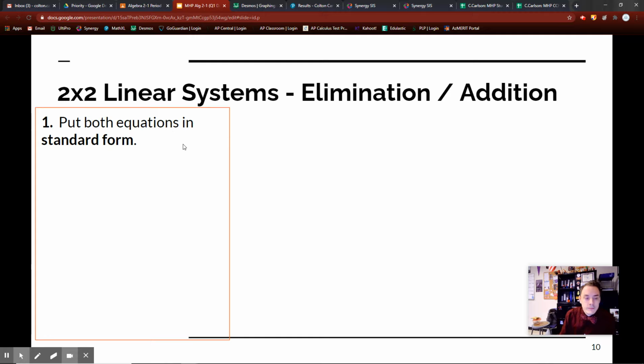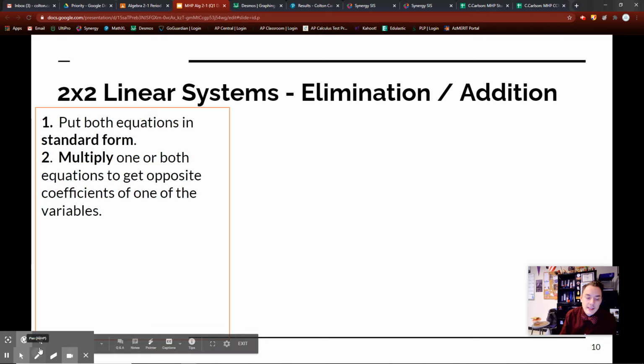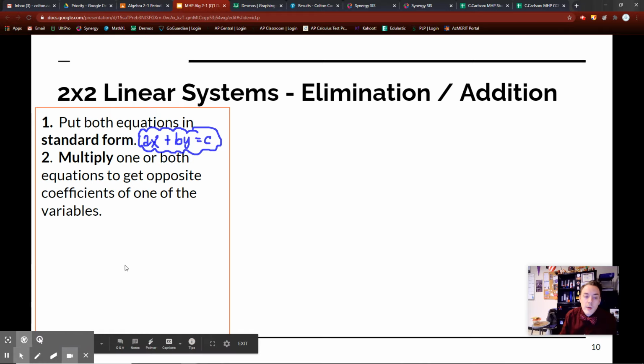But put both equations in standard form. Standard form, by the way, is this: ax plus by equals c. So that is standard form, just FYI. Next, multiply one or both equations to get the opposite coefficients.